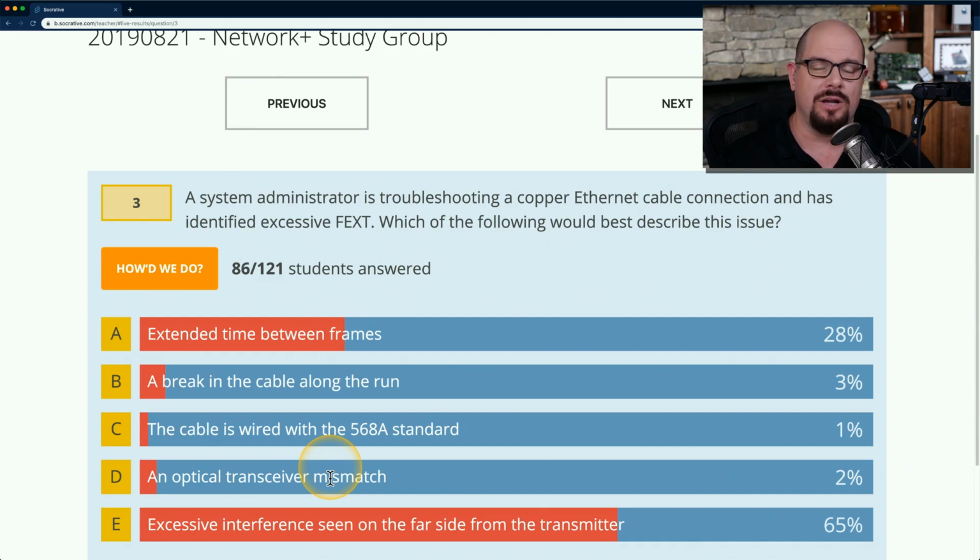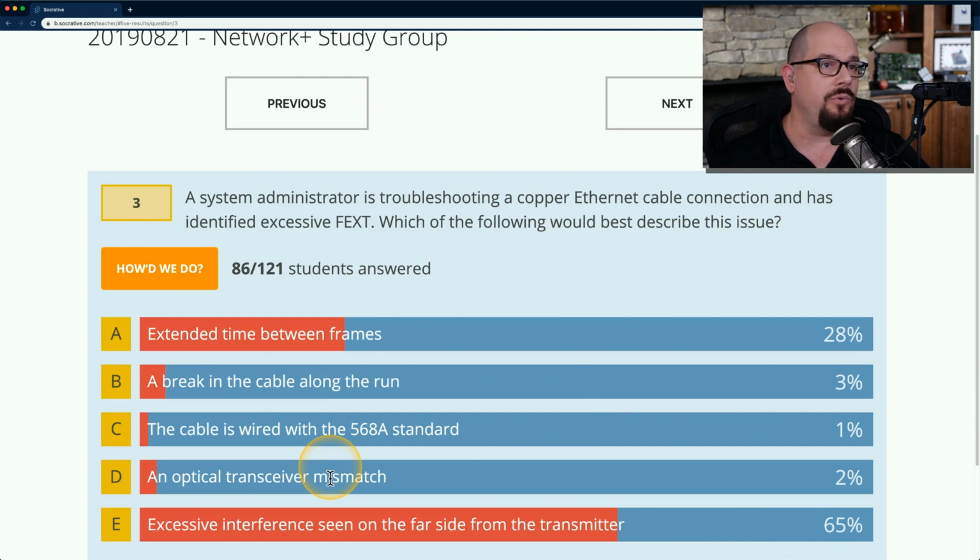You don't tend to get crosstalk with optical because it's light. You don't have a lot of electrical interference there at all, do you? It's all photons. So no problems with optical transceivers. Of course, you don't want to mismatch those on both sides, but that has nothing to do with far end crosstalk. So make sure that you're familiar with those.